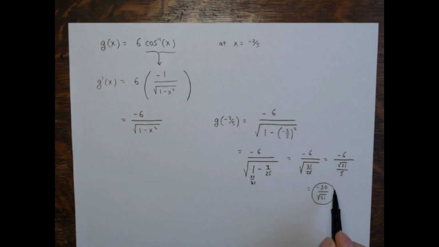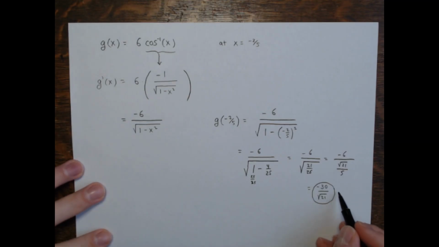Now, if you want to rationalize the denominator, you can multiply the top and bottom by the square root of 21. You can go a little further than this. So then you'd have -30 times the square root of 21 in the numerator, and 21 in the denominator, and then 3 goes into 30 10 times, and 21 7 times. This would be -10 root 21, all over 7.